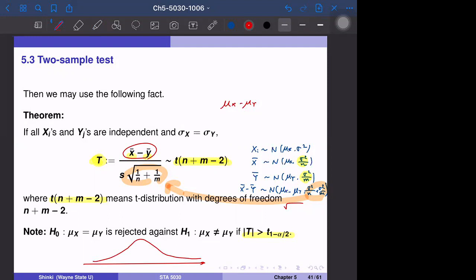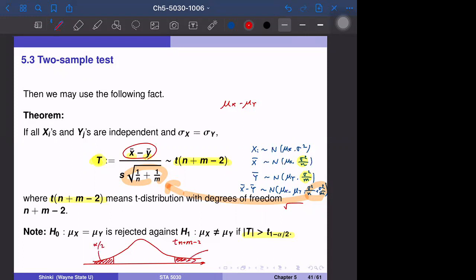So if this is the t distribution with degrees of freedom n plus m minus 2, we think about a threshold such that the total area is alpha.